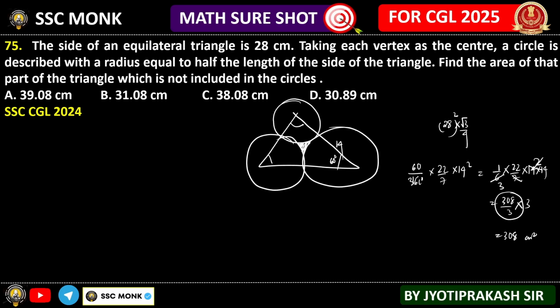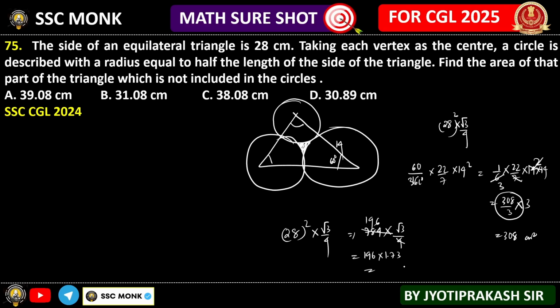And the total area of the triangle is equal to what? 28 square into root 3 by 4. 28 square is equal to 784 into root 3 by 4. So 4 1s are 4, 4 9s are 36, 4 6s are 24. So this can be written as 196 into 1.73.